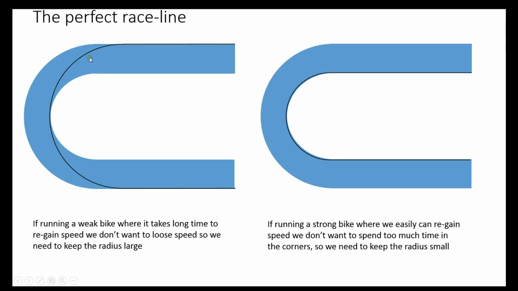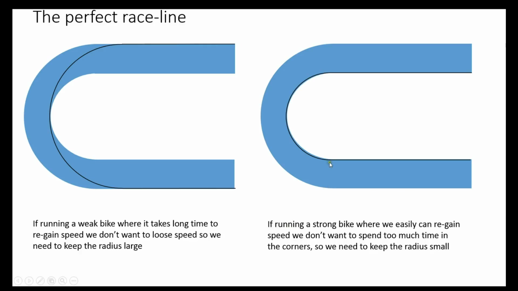Should we take the open line with a very large radius, or should we take a small radius? If we run a very weak bike, or if we're very close to top speed, we don't have so much acceleration. So then we want to keep the radius large so we don't lose a lot of speed, because it takes too long to regain speed.